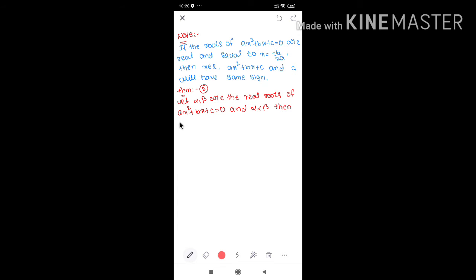Then first condition, x belongs to R, alpha less than x less than beta implies ax square plus bx plus c and a have the opposite signs.